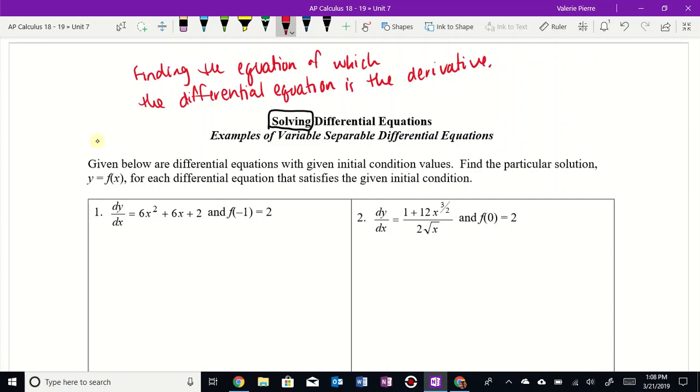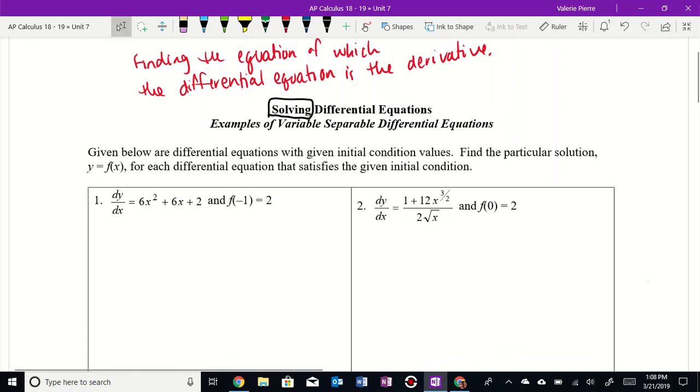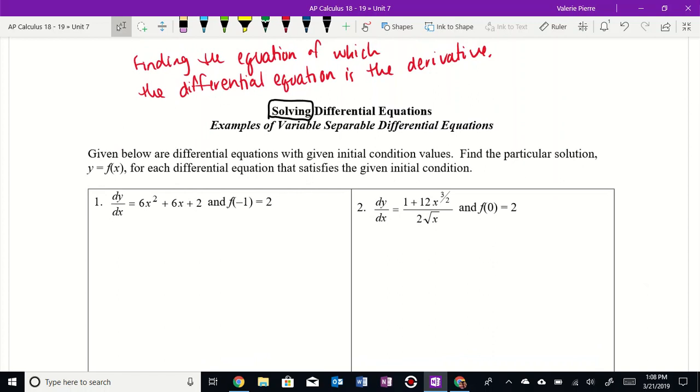Okay, so differential equations are derivatives. We're trying to figure out what equation that derivative is for. We've looked at differential equations before when we were actually finding them. Now we're going to actually solve them.